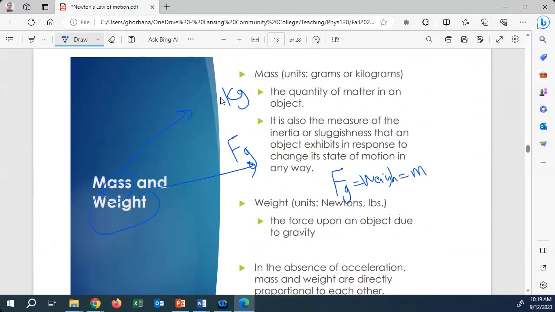By mass times gravitational acceleration. Good? This is how we can calculate the weight or force of gravity for any object. Force of gravity is weight. Weight is force of gravity. Okay? My weight is the force that the earth is exerting on me. I call this force of gravity or my weight.